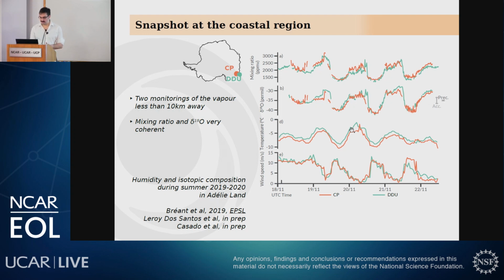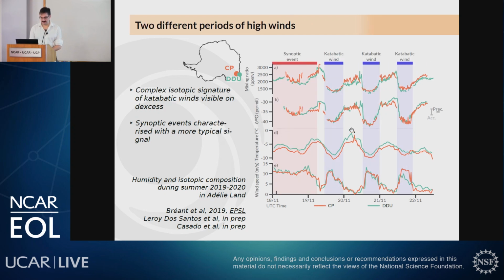So here, with some analysis, we're able to identify that actually the changes of isotopic composition here are purely due to different types of wind regimes. During this first red period, we had a huge synoptic event, like a huge storm coming to this area. And this is what drives the change of humidity and isotopic composition.